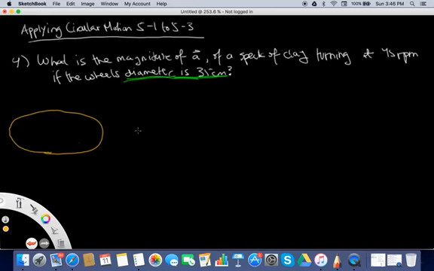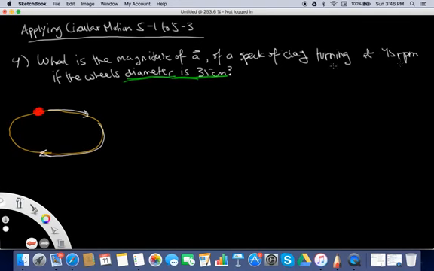This is my best representation, and we have a speck of clay, which we'll represent as that red dot. Let's say hypothetically this potter's wheel is turning in this direction.